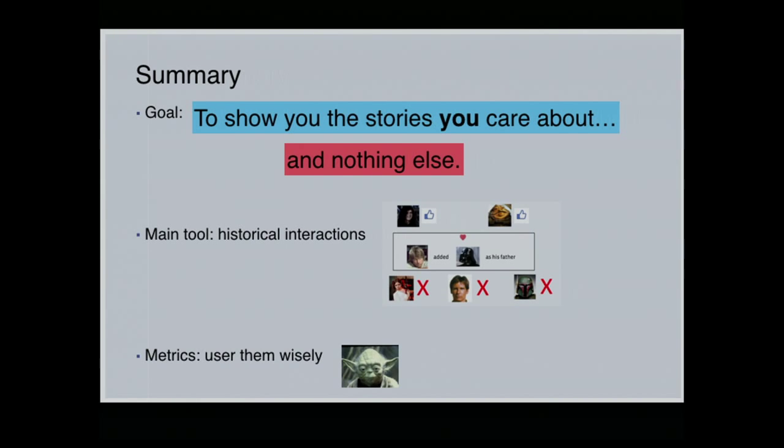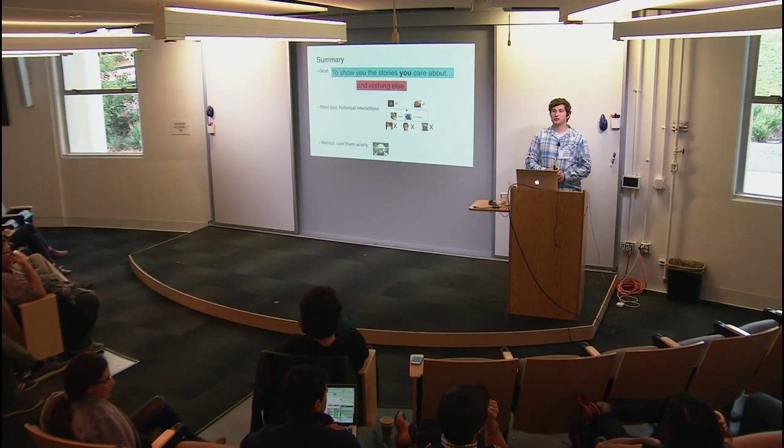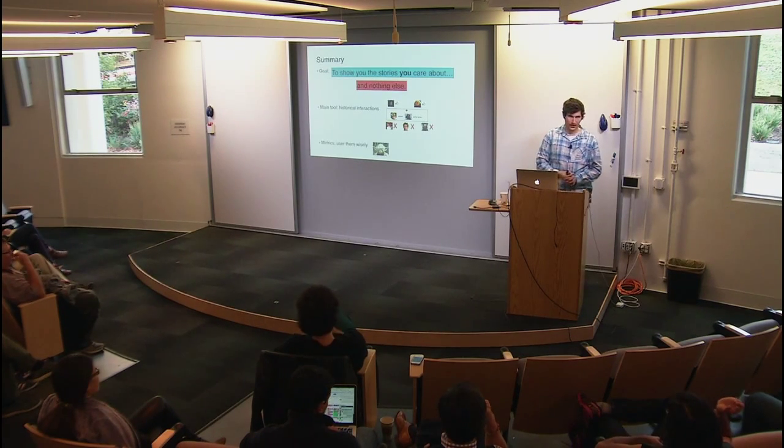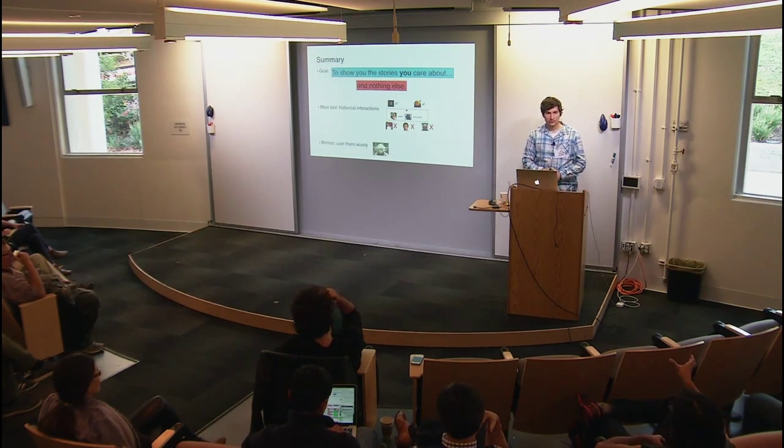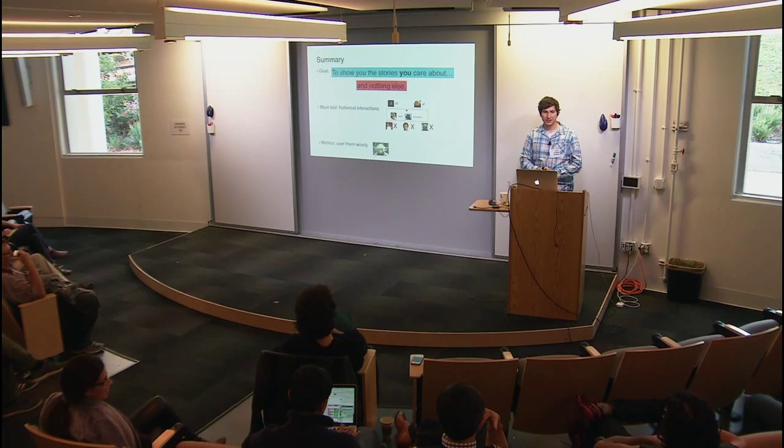Yes? I guess in an ideal world, would every user have some sort of interaction with everything on his feed? Would we like it to be the case that users are interacting with everything? For example, if I go down my feed, should I like one, comment the next, have some sort of interaction with everything on my feed?